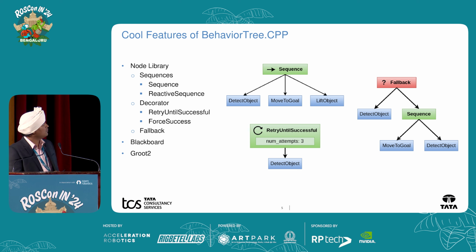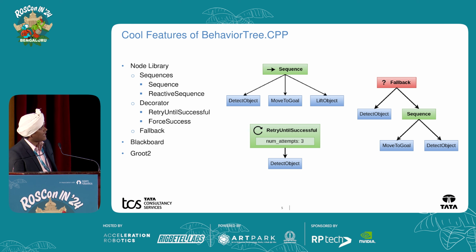Let's say we have our forklift AMR, where you need to detect and move under the pallet or roll cage, and then lift the object. So you go in a sequence: detect, move to goal, then lift the object, hence the sequence. You have to go through all these actions successfully. Then you have decorator nodes, where you can do different things like retry until successful for a max number of attempts.